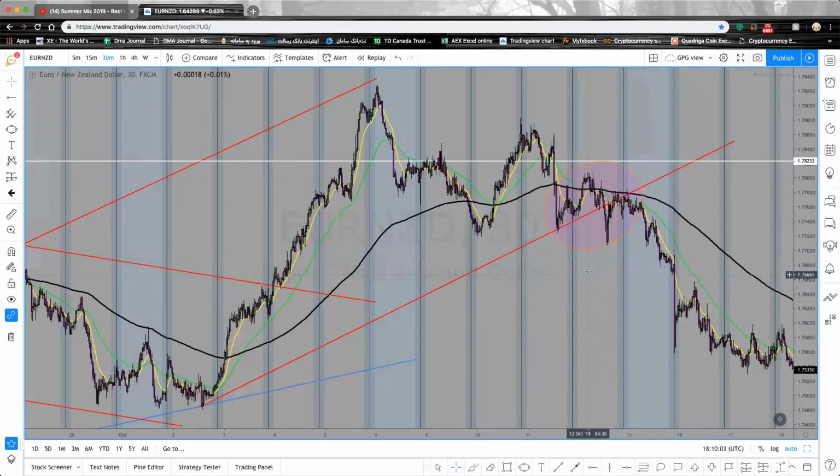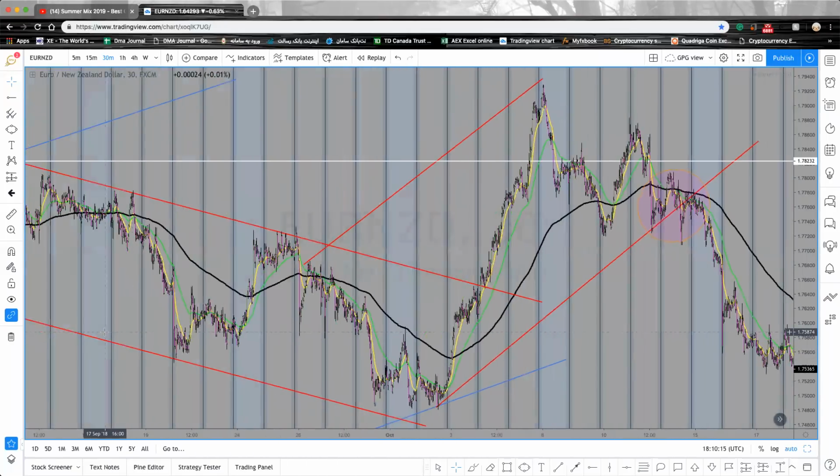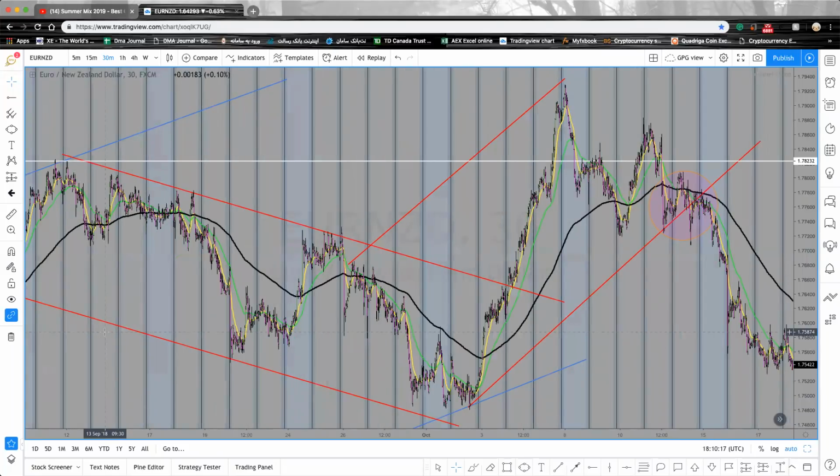Now we have the 5200 cross, now we have price below the EMAs, now we have this uptrend broken. So based on every video of mine, we are going down. Peak is set. The market is reversing.